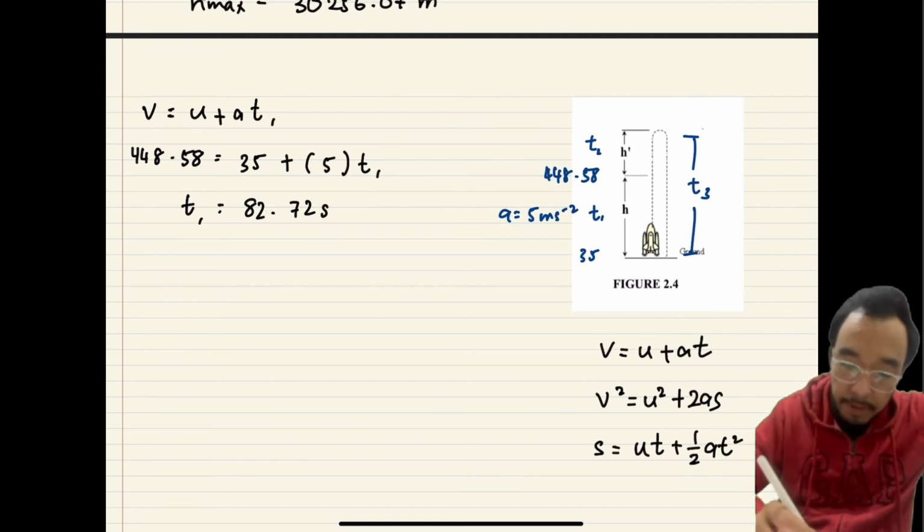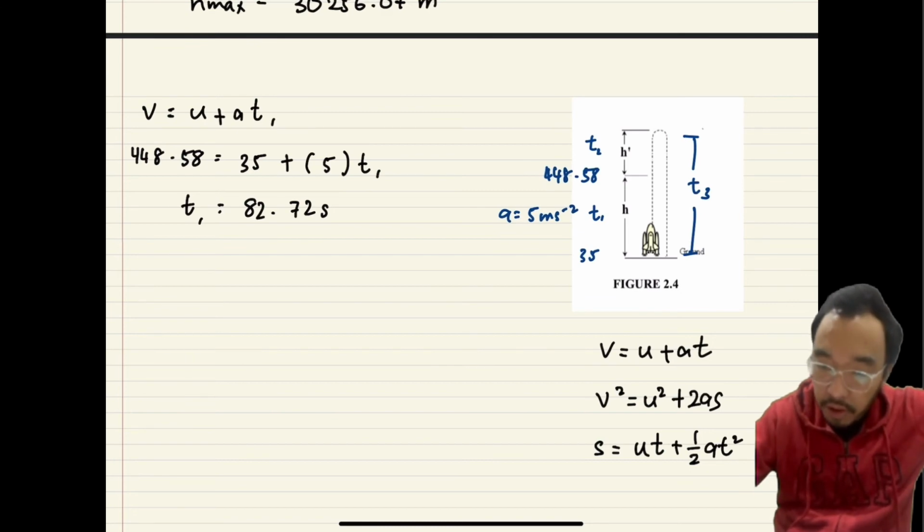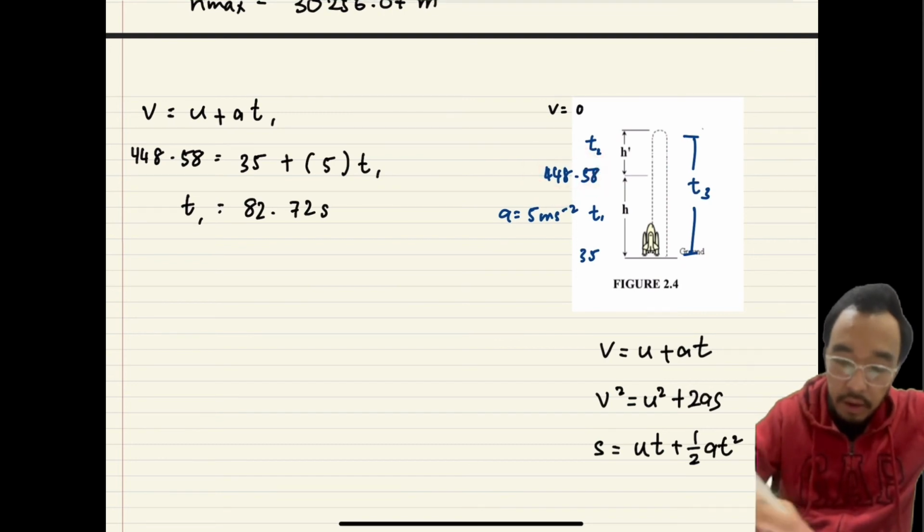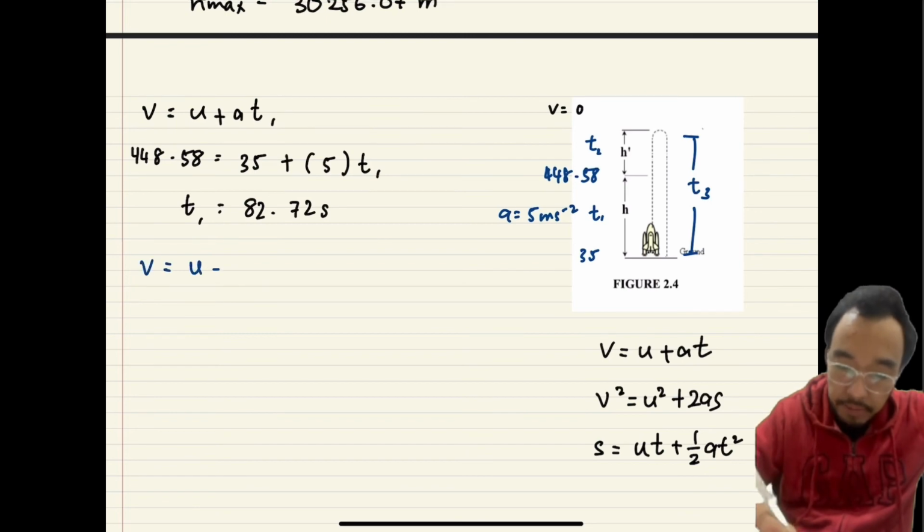The next part, we want to calculate T2. So we know that the final velocity here is equal to 0. Now this one becomes the initial velocity. Again, you can use the same formula, but now I'm going to change the color, you can use the free fall equation, which is this one.